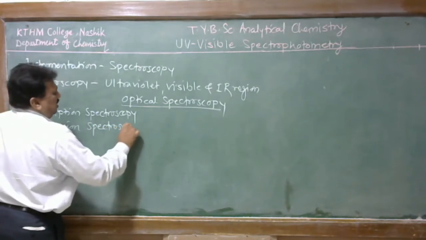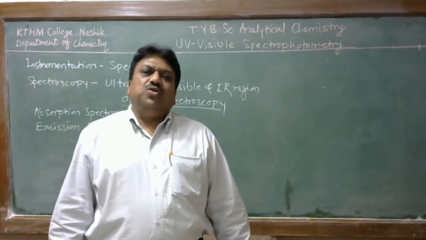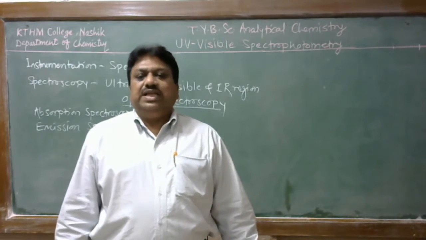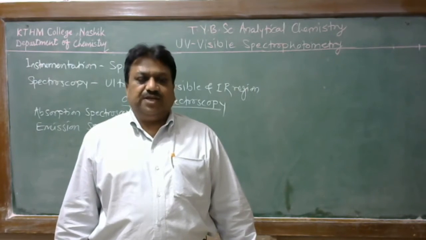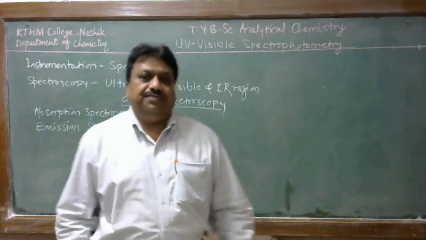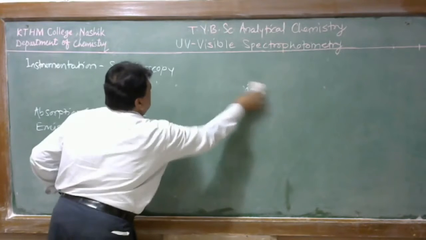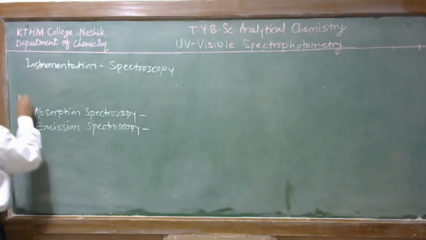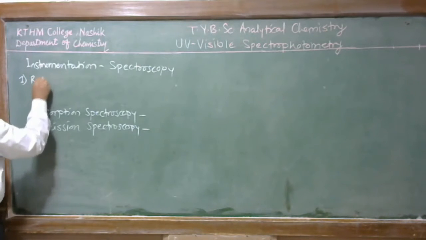Therefore, the components which are involved in optical spectroscopy, whether absorption or emission spectroscopy, are of a similar type. And these components are, number one, a radiation source.